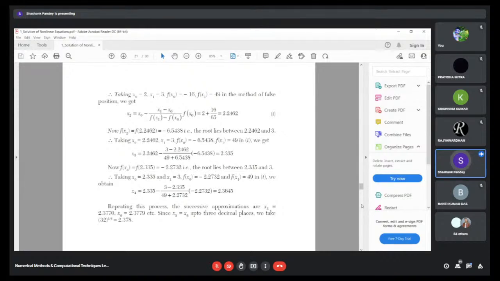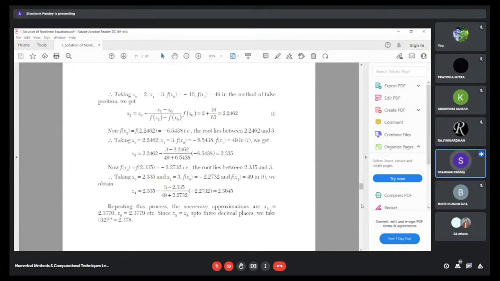So once we get this root as 2.335, the root is lying between the interval 2.335 and 3, then we again perform this exercise, and if we go up to the sixth iteration, that is x of 6, we observe that this comes out to be 2.3779.